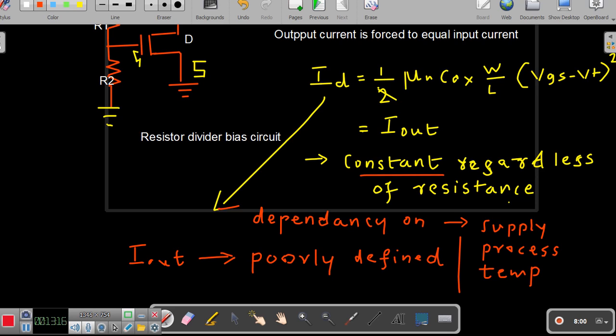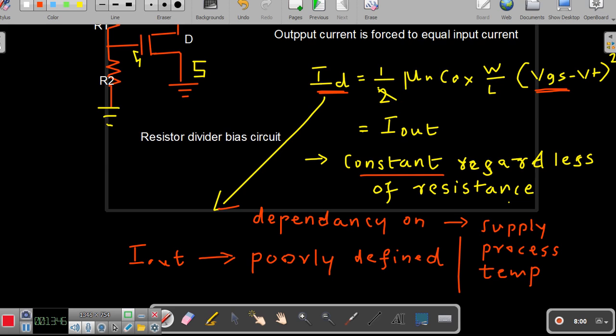So that means if the VGS is properly defined for a MOS device, your ID need not be properly defined. So it has got the variation because of some external influencing factors, and when your ID is not properly defined, when it is poorly defined, now we have to make it somehow to get properly defined.